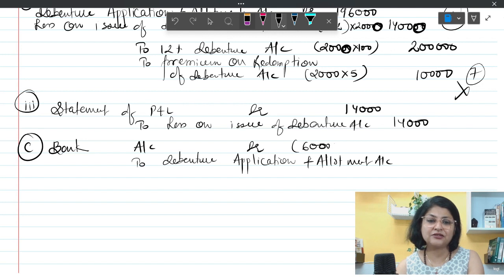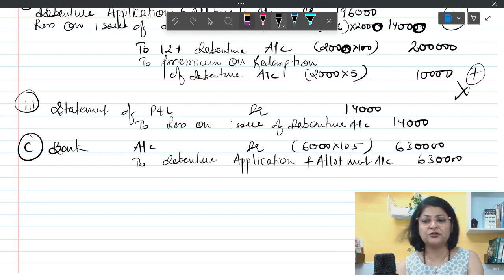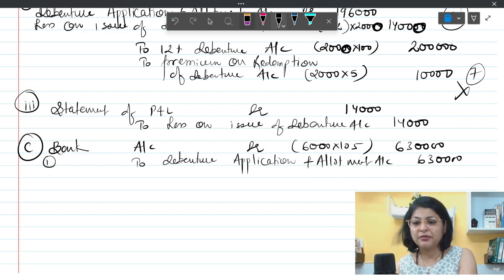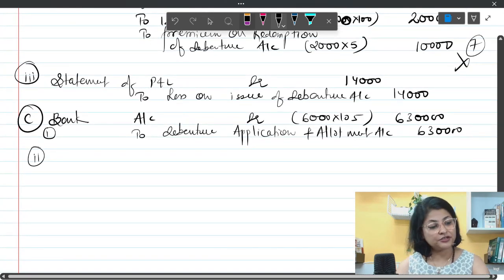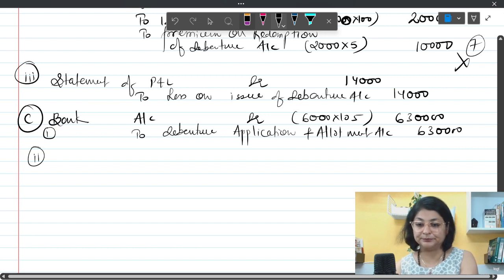So 6,000 multiplied by 105 is 6,30,000. So you are receiving from your debenture holders 6,30,000, but out of this 5 rupees belongs to securities premium. Now when you are redeeming these debentures, you are redeeming them at 10% premium.